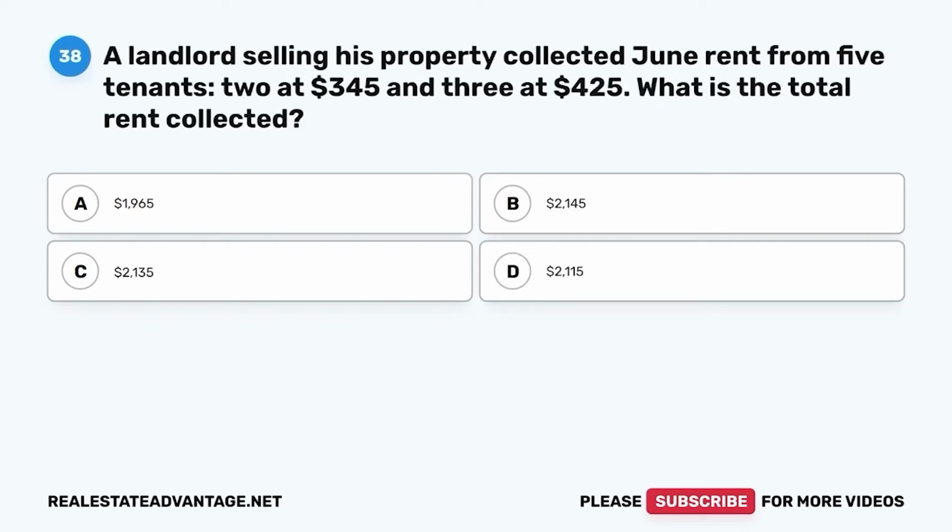Question 38. A landlord selling his property collected June rent from 5 tenants, 2 at $345 and 3 at $425. What is the total rent collected? A, $1,965. B, $2,145.